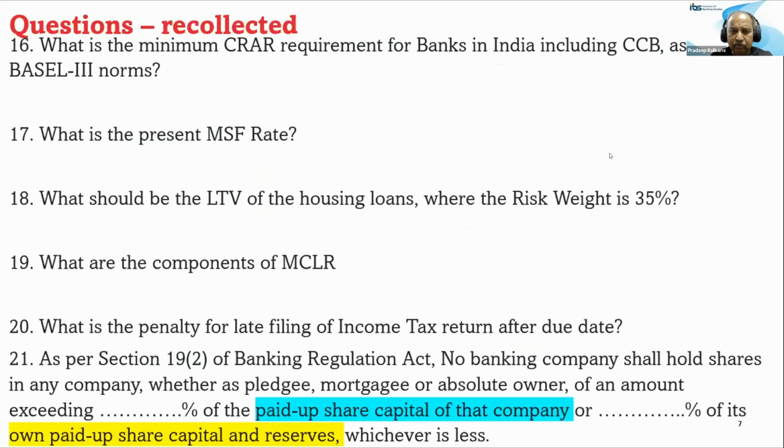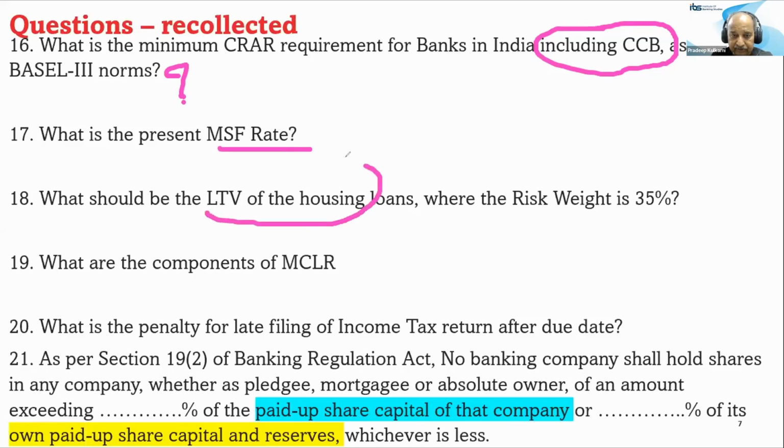What is the capital to risk weighted assets ratio requirement for banks in India, including CCB? How much? Number 2, MSF rate. Number 3, LTV of housing loans, where the risk weight is 35%.